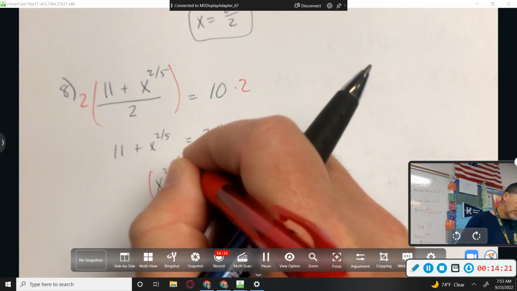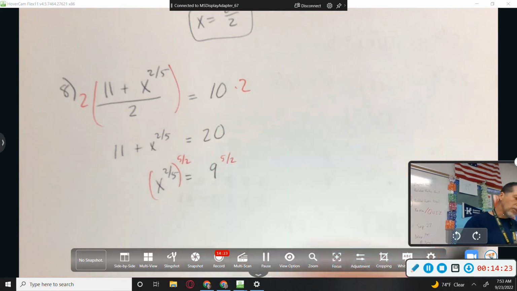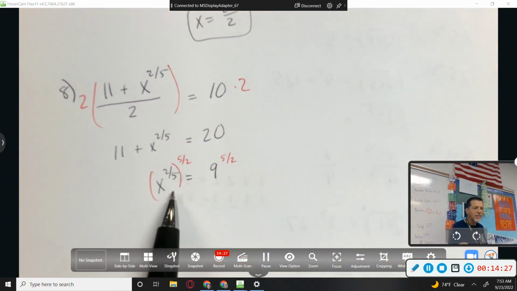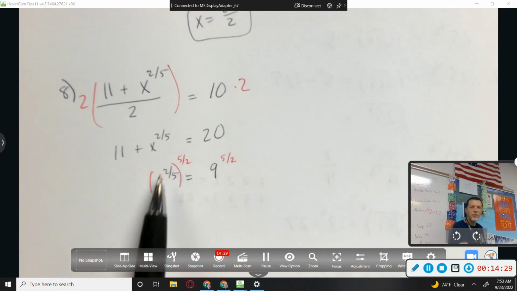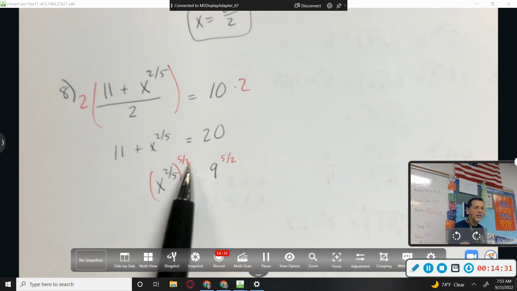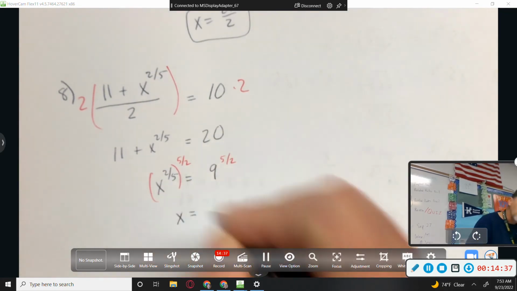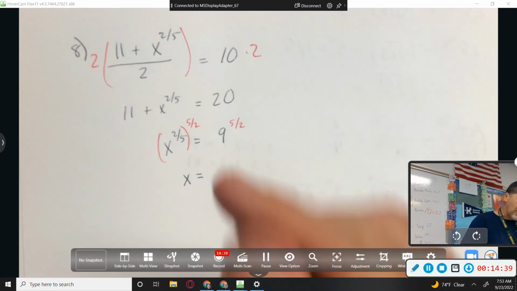5 over 2. And again, it always looks awful when you're on the side that you're trying to fix. And if you didn't know what you were doing, someone might walk in and think, wow, exponents of 2/5 and 5/2, that's impossible. And you would assure them that no, that's good because they cancel each other out.